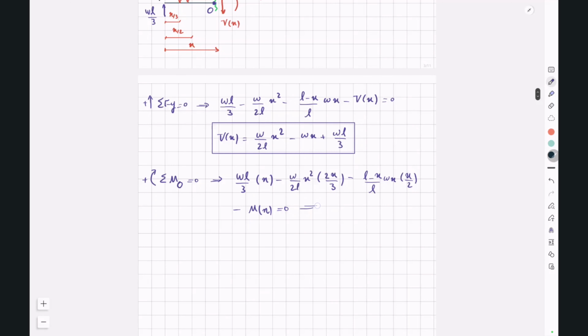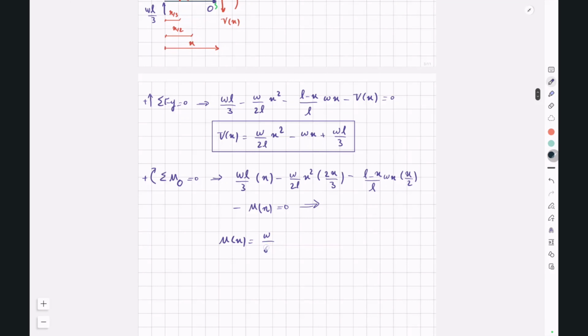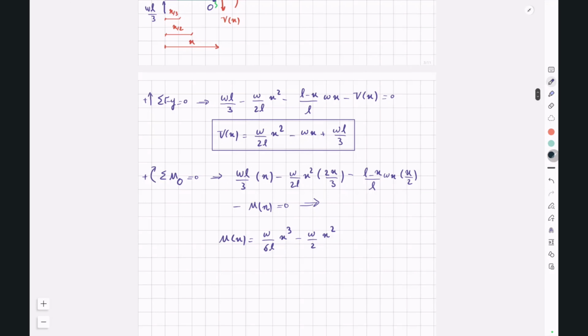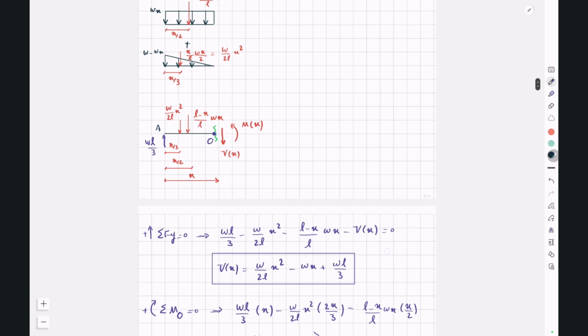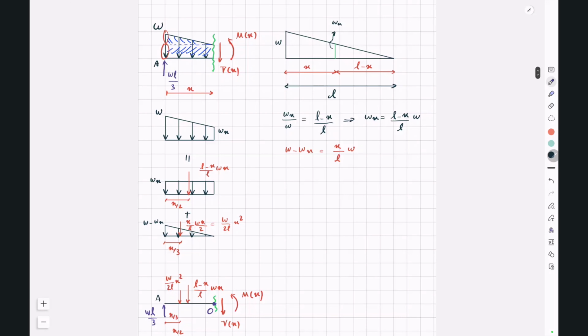And this will give us an Mx equal to W over 6L x to the power of 3 minus W over 2 x to the power of 2 plus WL over 3 multiplied by x. So we determine Vx and Mx by writing the equations of equilibrium for the left cut segment.